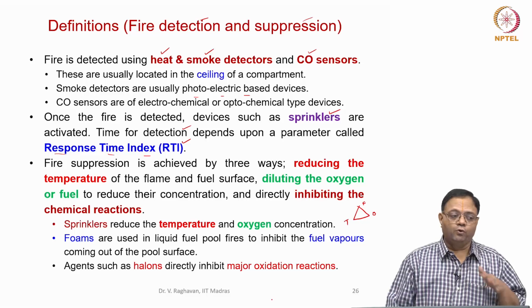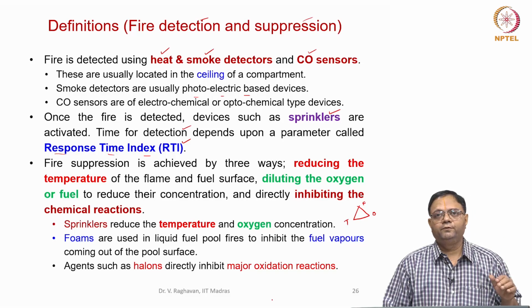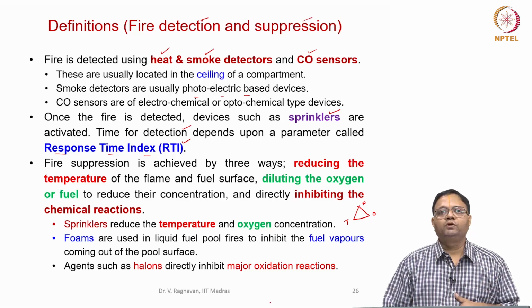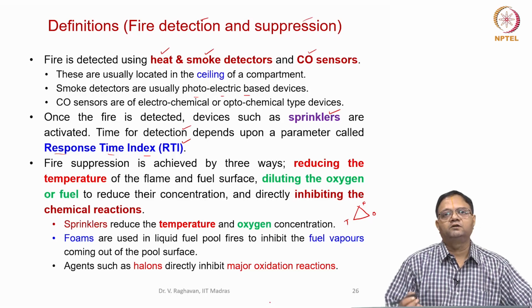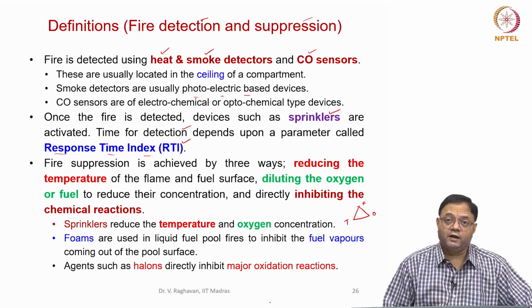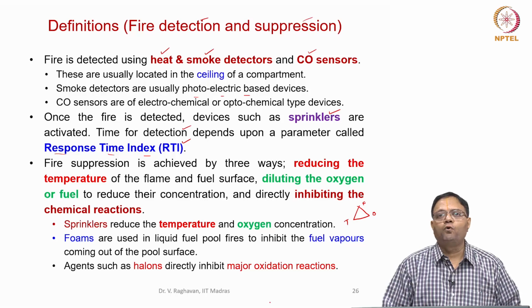Similarly, the fuel coming out of a solid surface or a liquid surface can be arrested by using suitable suppressants. For example, in the case of solid fuel, water itself is a very good suppressant. But in the case of liquid fuel, we normally use foams.